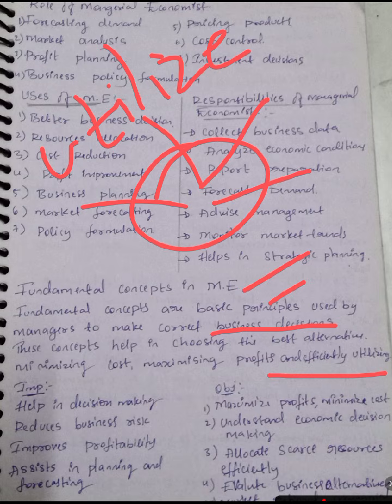What is the importance of these fundamental concepts in managerial economics? Please take notes here. These are my own notes I'm sharing with you, but your primary duty is to prepare your own notes. Now, importance: first, help in decision making.